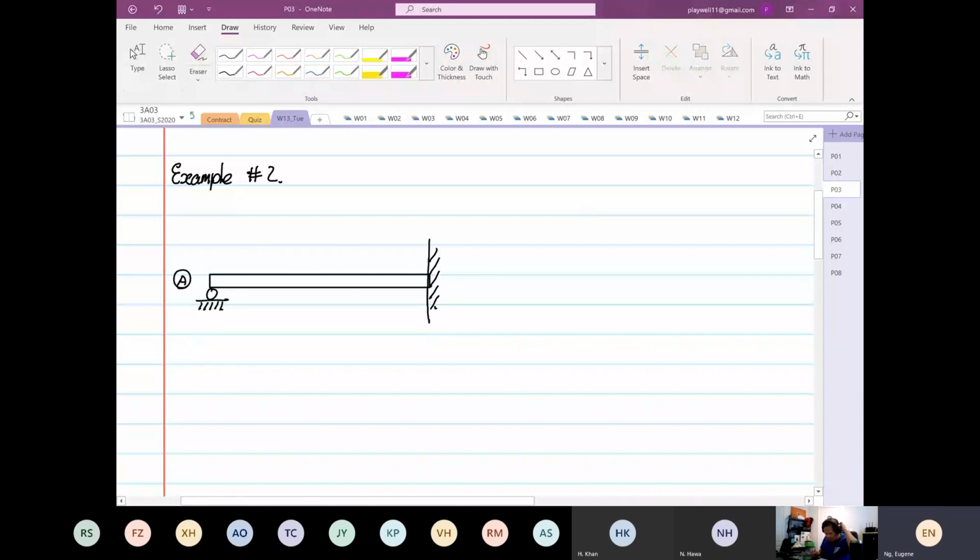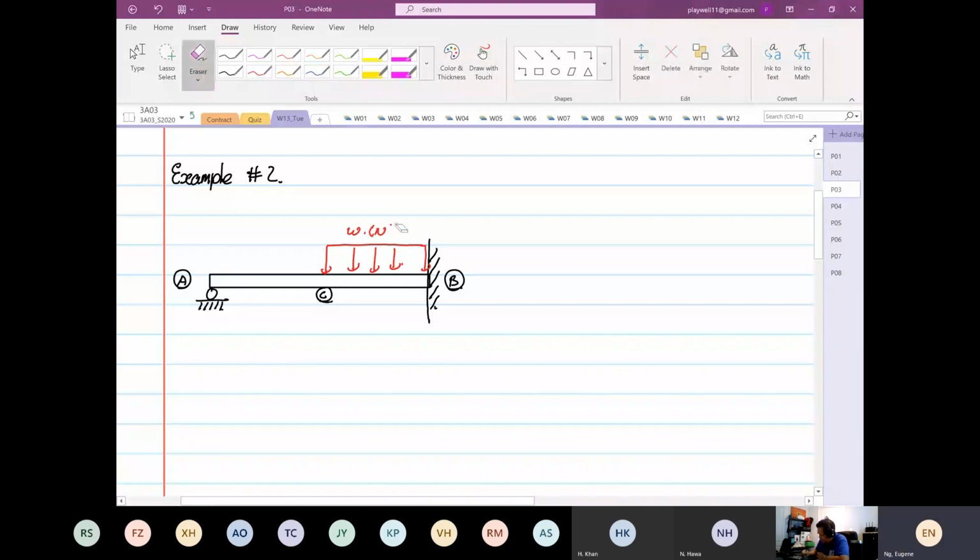We have a set of rollers over here, and point B is built in, and point C is somewhere in between, and at point C we have an evenly distributed load. This distributed load is omega, in Newton per meter.